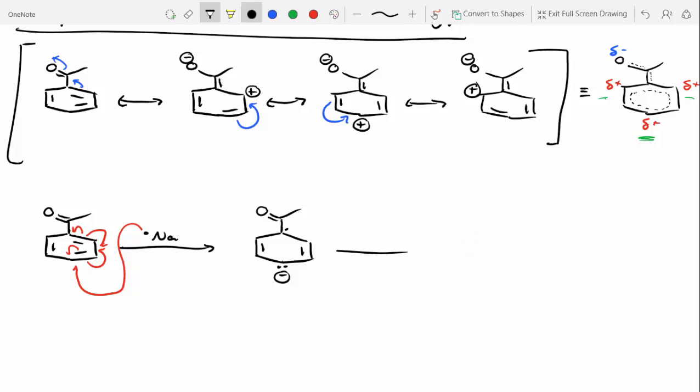The next step that we have is deprotonation of methanol. This lone pair will grab that proton, kick this over. Now we just have our radical position to worry about. What will happen with that radical?